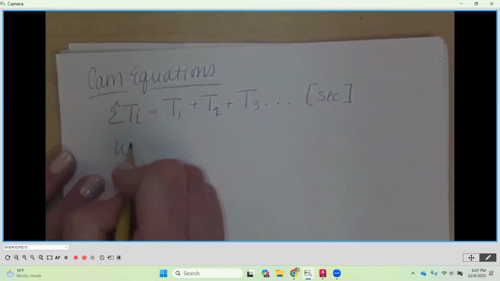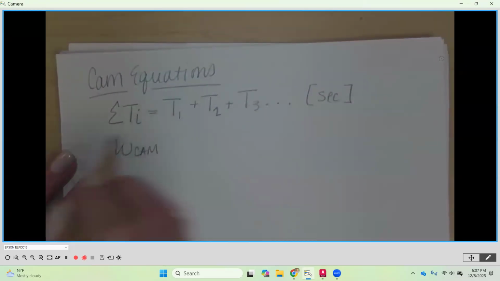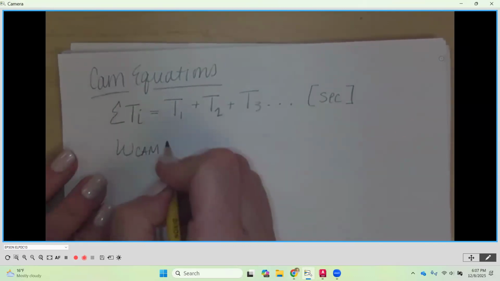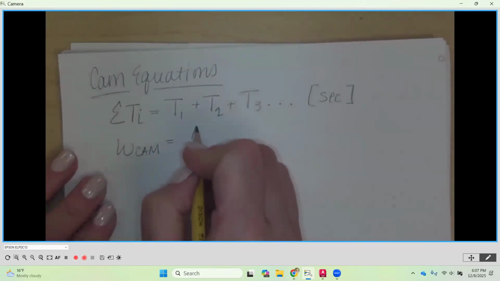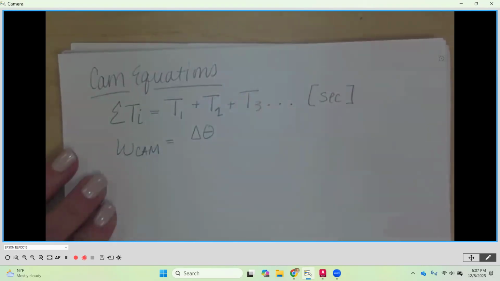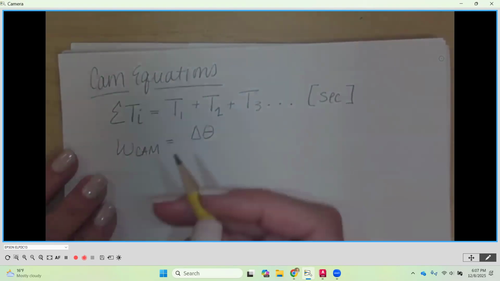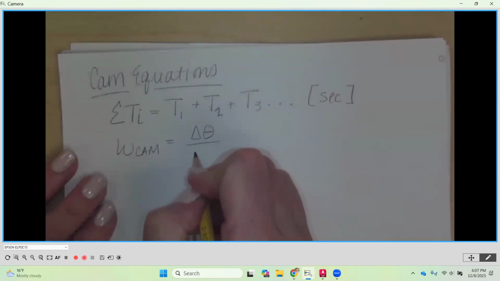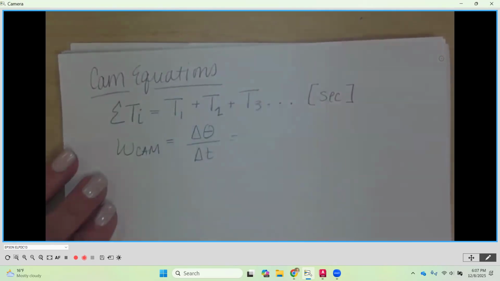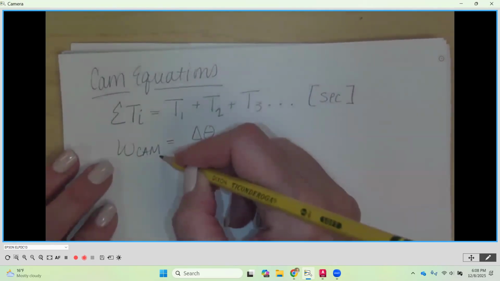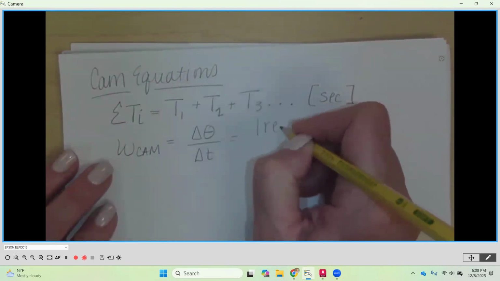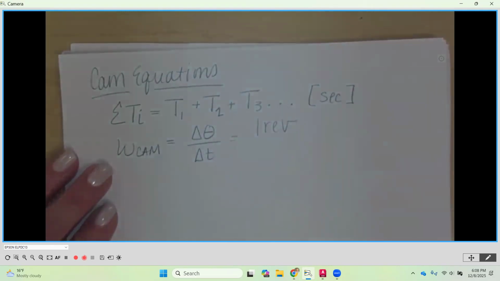The next one is going to be the angular velocity of that cam, okay? And that's going to equal the change in our degrees, if you would, but we're going to simplify that in just a second, divided by the change in time. For us, we're always going to look at the angular velocity of a cam. How much time does it take for one revolution?